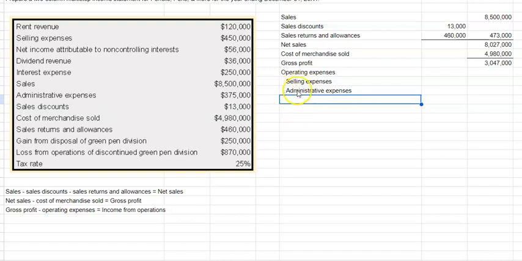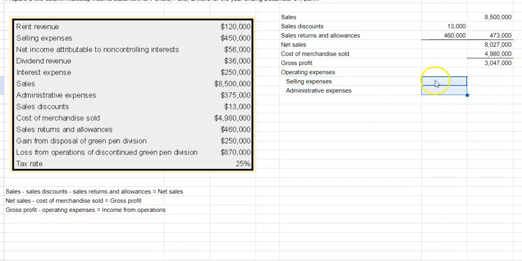All right, one other thing I should point out is that some problems, which you'll probably see in some of the other assignments you do in Theory 1, instead of giving you the sum of the selling expenses, so here you can see they just give us the total, they would list out all of the selling expenses. And if that is the case, this is where we have a list within a list. Our first list would be our selling and admin.